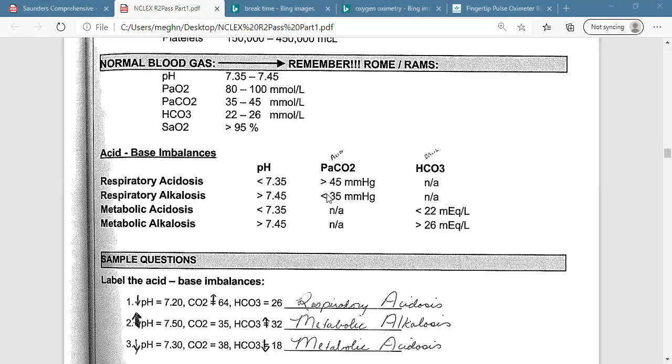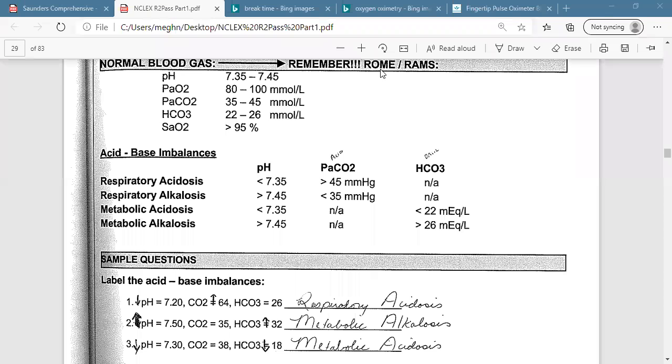So some students like the ROME method: in relation to the pH, the other marker goes just the opposite. If pH is down, the other marker goes up. If pH is up, the other marker goes down. But in metabolic, both are equal: pH down, bicarbonate down; pH up, bicarbonate up.